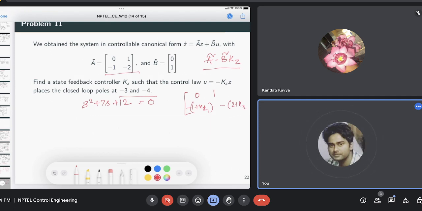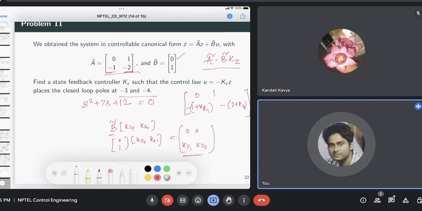Is it clear? Because the B tilde matrix is 0 1, when we multiply it with KZ1, KZ2, you see that only the last row will appear. The others will be 0, and this will be subtracted from these coefficients.